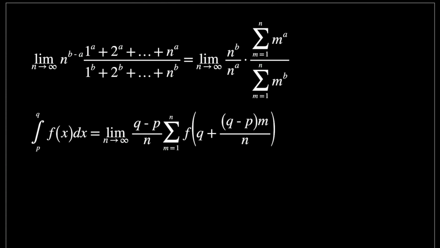So we would just have an integral of a general function f of x dx, but with the bounds 0 to 1. Of course that would simplify a lot of this expression. And then we have q minus p, which is just 1, so we have 1 over n, and in this case we have just m over n.